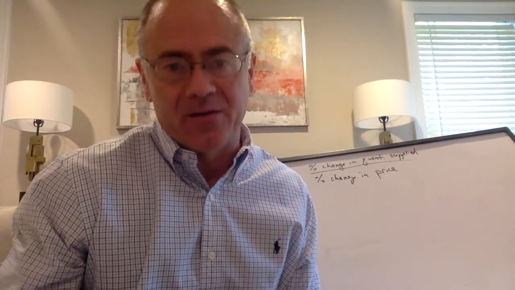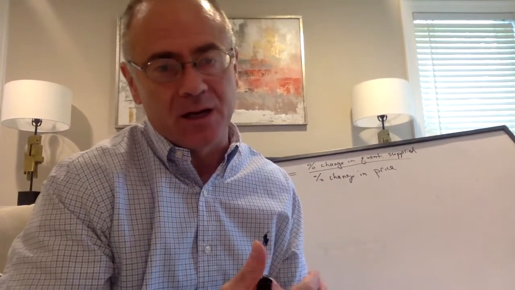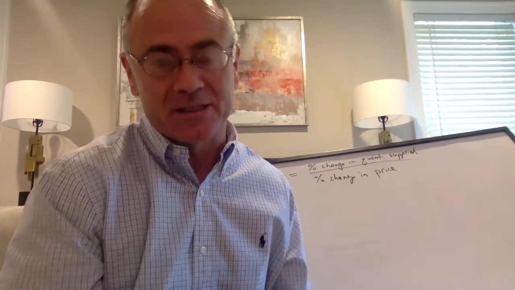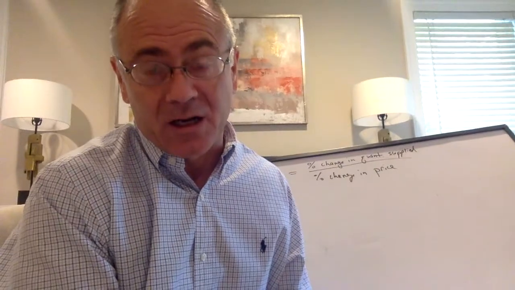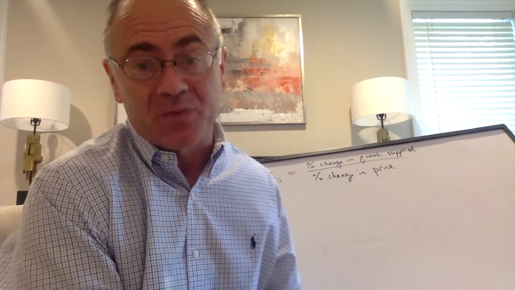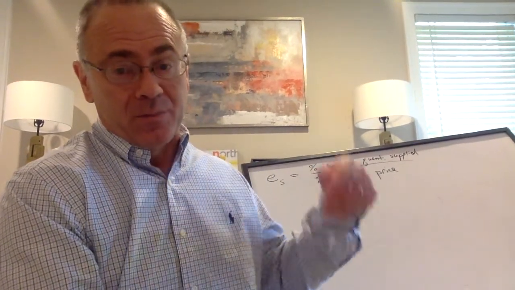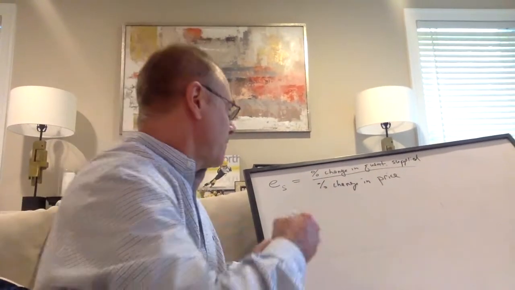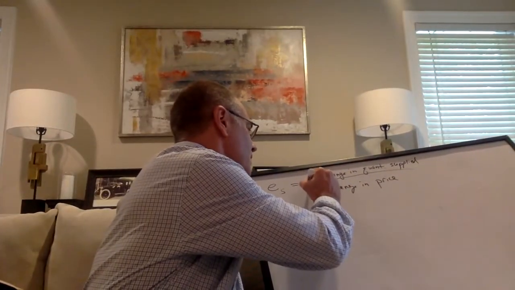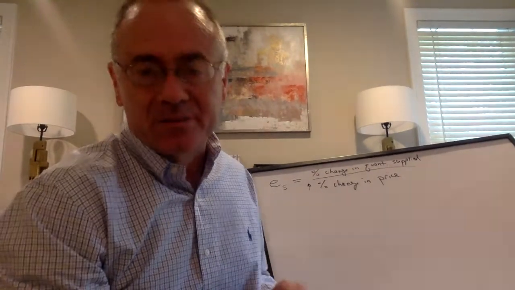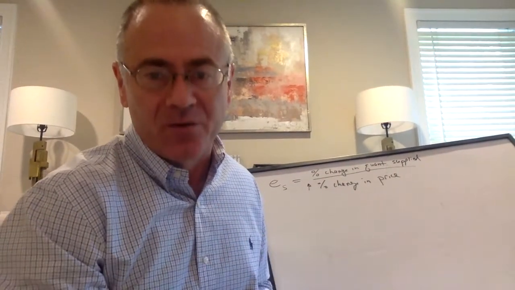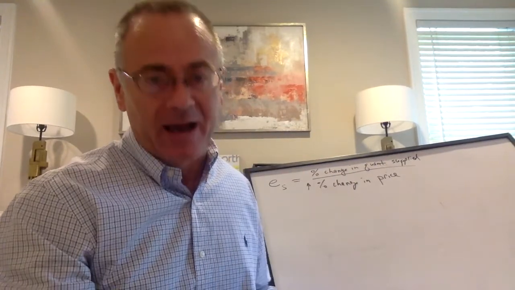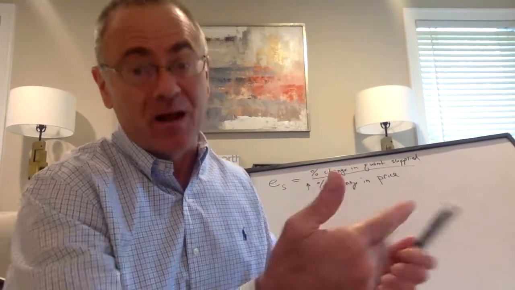So when we talked about the elasticity of demand, we said it was always negative, and that's because when price goes up, demand decreases. It's going to be the opposite with elasticity of supply. If the percent change of price goes up, then generally, and what we will assume for this class, the percent change in quantity supplied will also go up, because the suppliers are going to want to supply more.